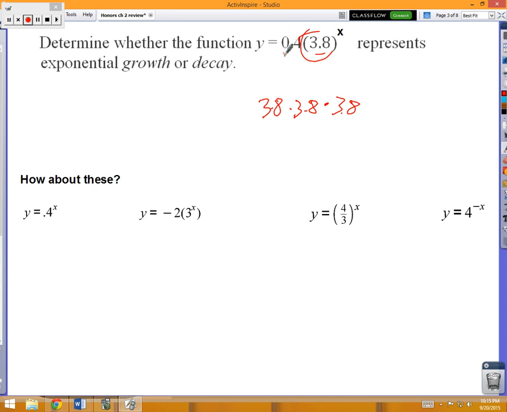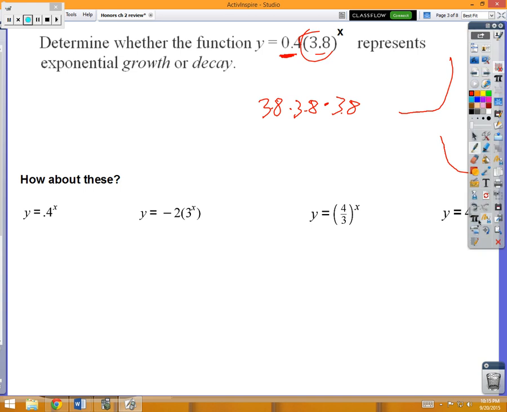And you got to be careful, because this guy out front can change it a little bit. And in this kind of street smarts way, you can type it in your calculator and look, does the picture look like this, or does the picture start big and then get small? So if you want to use your street smarts, that's a very good idea.